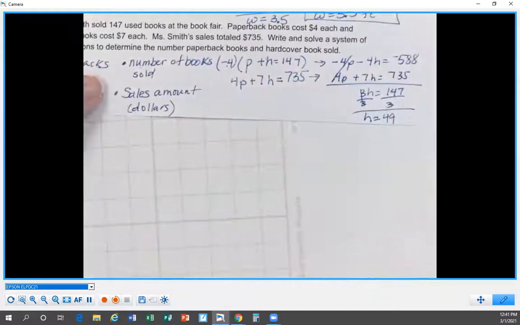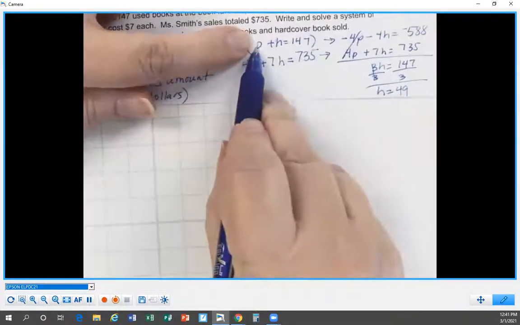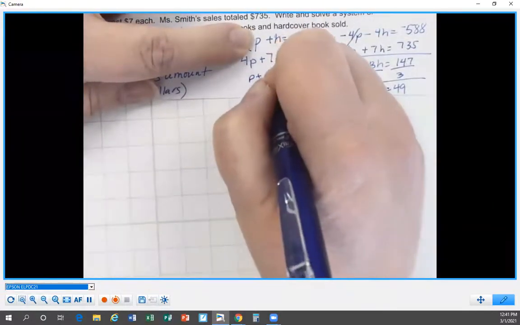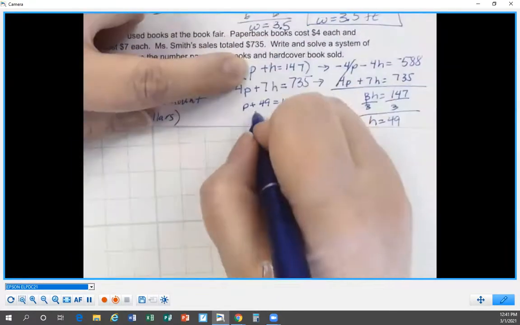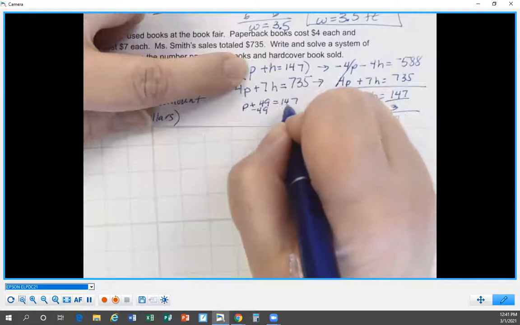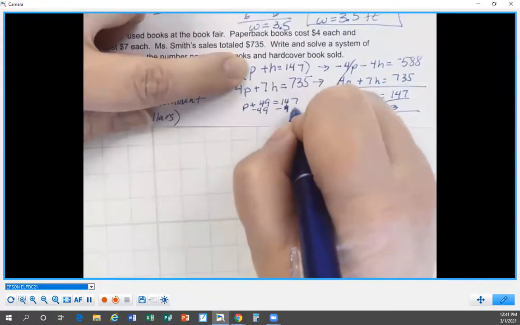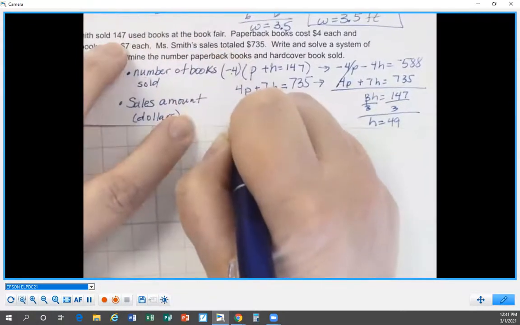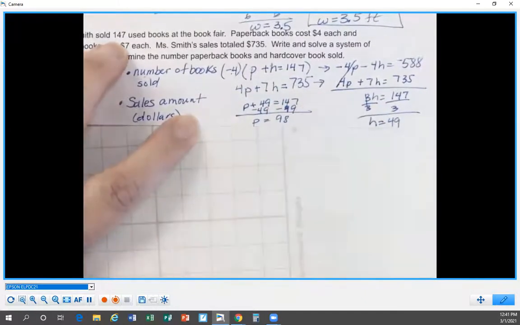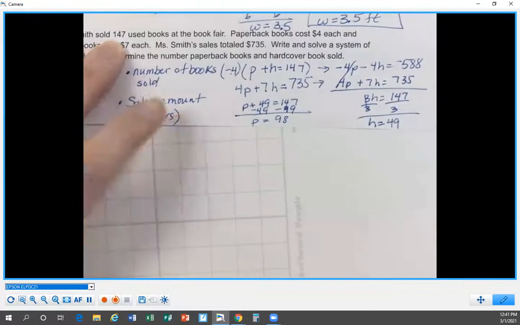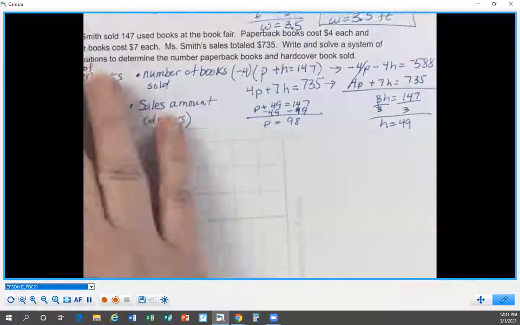And then we had that original equation. For paperbacks, we'll substitute that into the original equation. Paperbacks plus hardcovers at 49 equals 147. Subtract 49 to get 98. So 98 paperbacks and 49 hardcovers were sold.